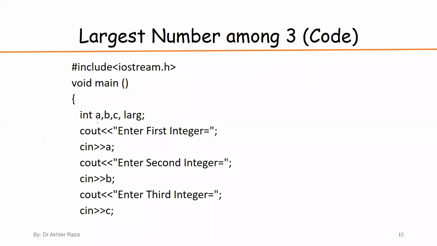This is a declaration line. Then enter the first number. These 2 commands will ask the user to enter the first number. These 2 commands ask for the second number. These 2 commands ask for the third number. So 3 numbers are input by these 3 sets of 2 lines.